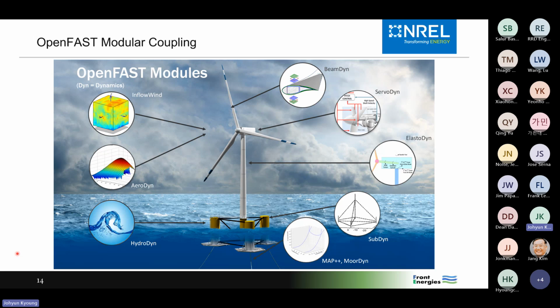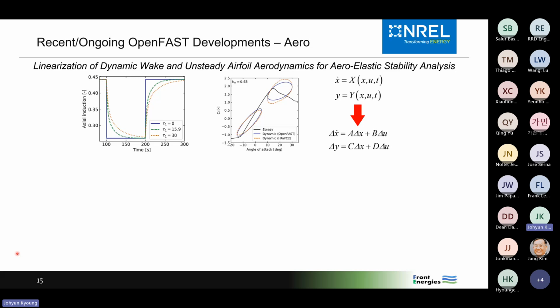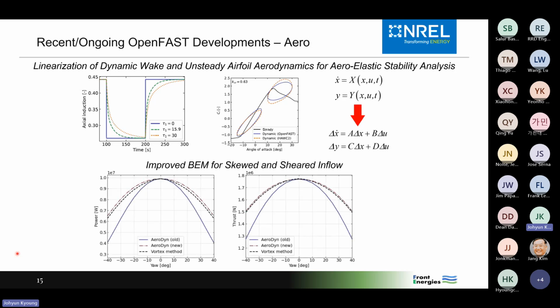Yeah, next slide. Figured I'd give a quick update on some of the things that have been happening, in case you're not fully up to speed on everything. Aerodynamics, we've done a lot of work recently on linearization of aerodynamics. Things like unsteady aerodynamic wake have been in there for a while, but previously we couldn't linearize them.